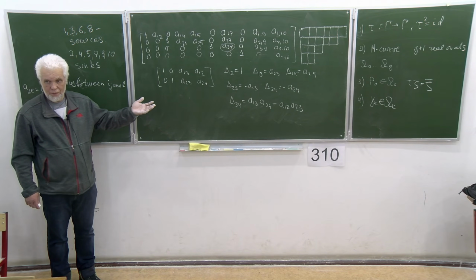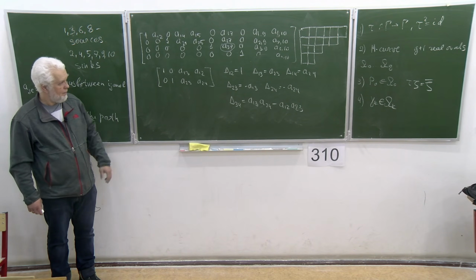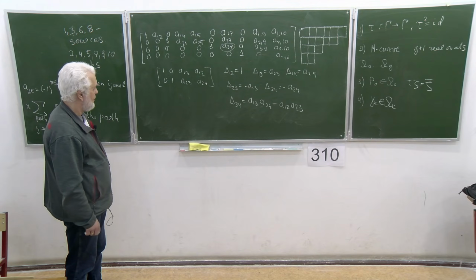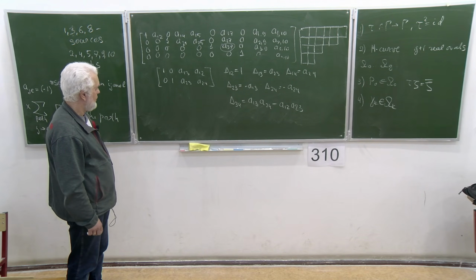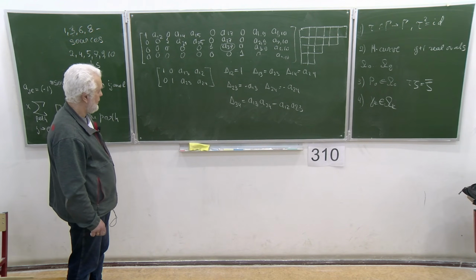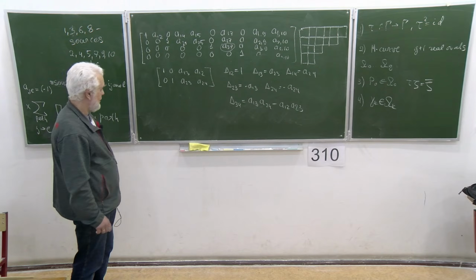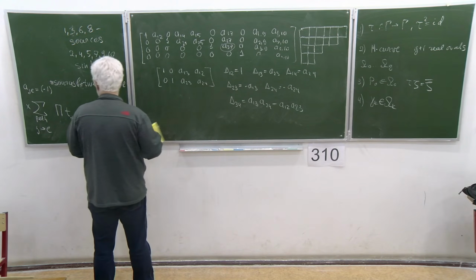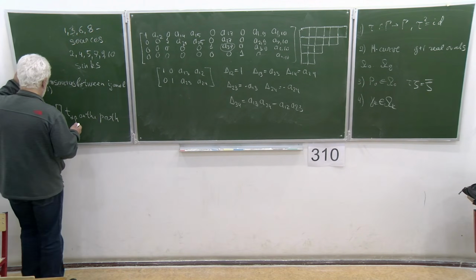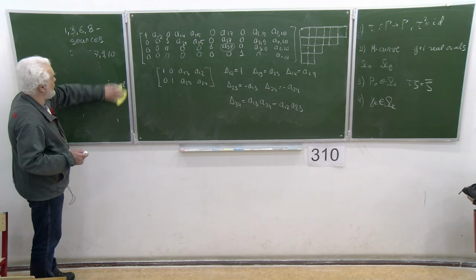They are not just minors, they're also algebraic complements, aren't they? Sorry, I thought that minors are just determinants of these submatrices. And you also take into consideration the signs. So when you plug in the signs, it's called algebraic complement. Yes, okay.